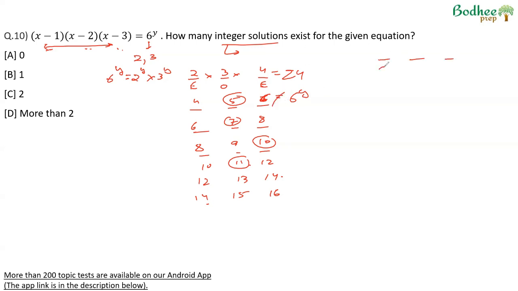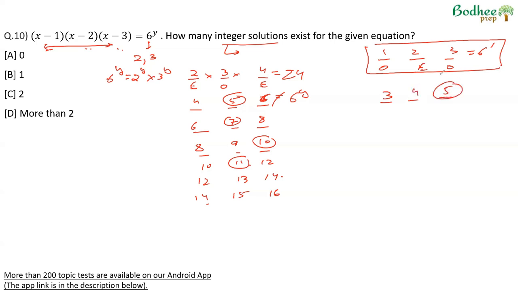If we look at odd, even, odd, the first case is 1, 2, 3, which is 6 raised to power 1. So this is one solution that we have. Beyond this, when we say 3, 4, 5, again, there is one odd number that is not a multiple of 2 or 3.